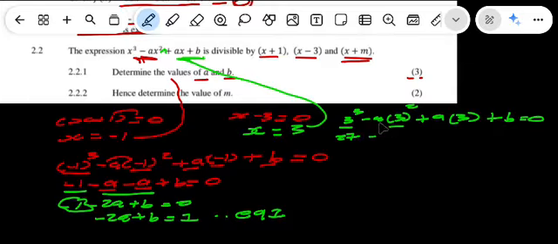So multiplied by a, this will be 9a. Then you multiply that there. A multiplied by 3, we'll have there plus 3a plus b. All this must be equal to 0. So these are like terms, as you can see.